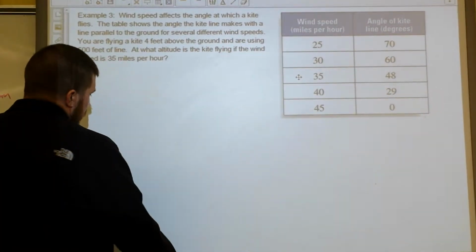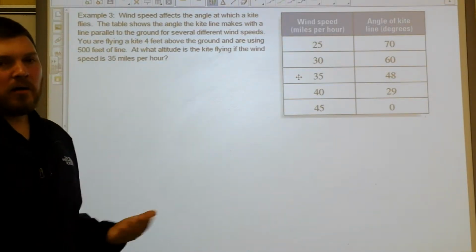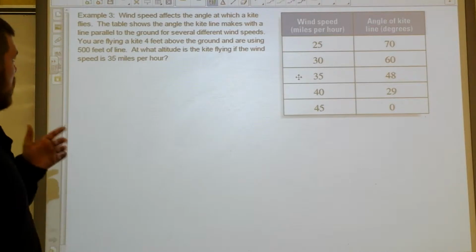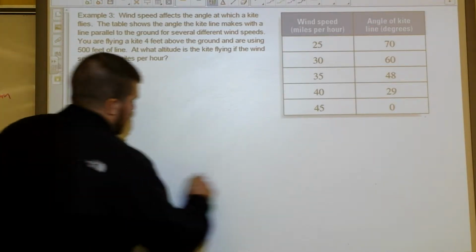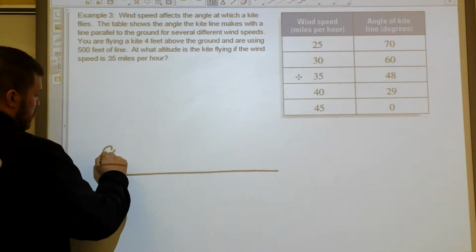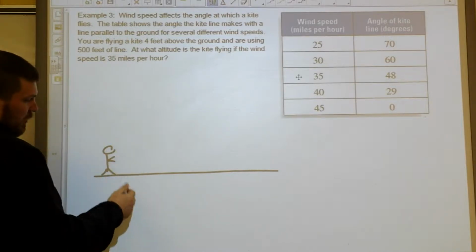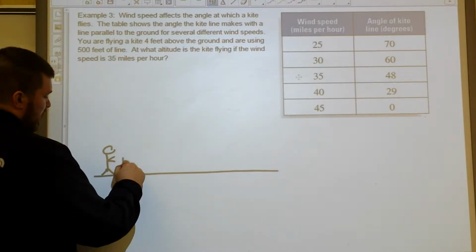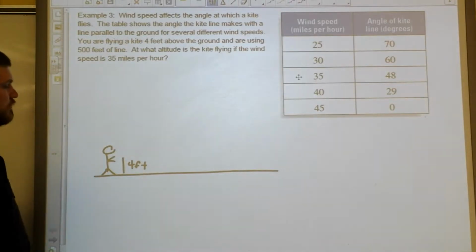So when you have a problem like this, especially a word problem that's talking about a real-world situation, I always like to start off by drawing a picture. First off, we know that the kite that's being flown is 4 feet off the ground. Okay, so we have a person, they're holding their kite. Obviously, I'm not an artist, but they're holding the kite 4 feet off the ground.